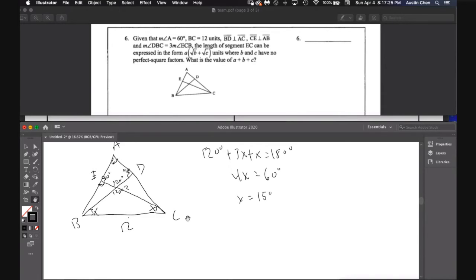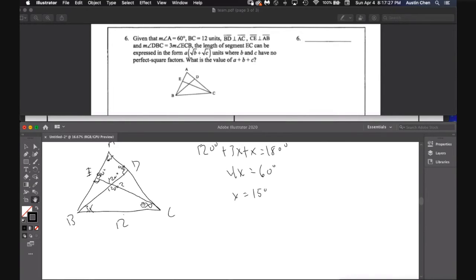So let's do that. We need to set up a trig ratio with our angle x here, relating BC and EC. Well, BC is the hypotenuse, and EC is adjacent to x. So we could do cosine of x, and you can think of SOHCAHTOA, this will have to equal the adjacent over the hypotenuse.